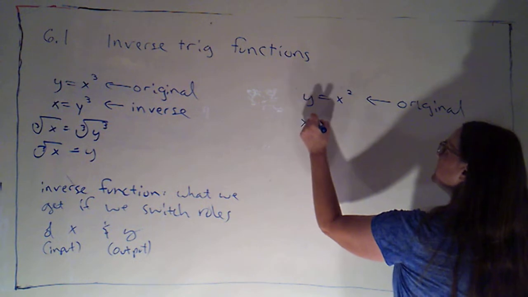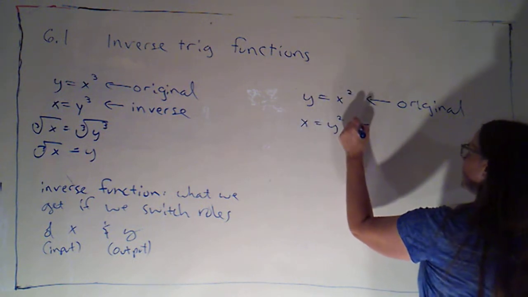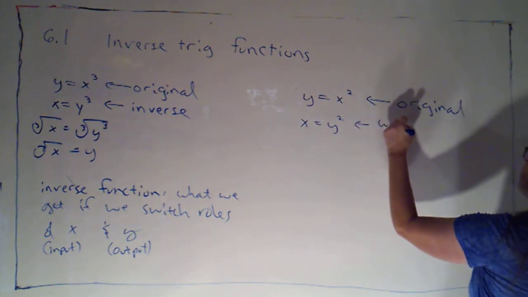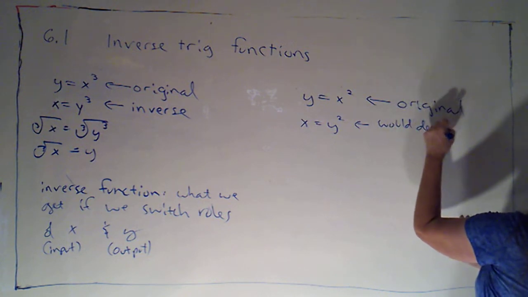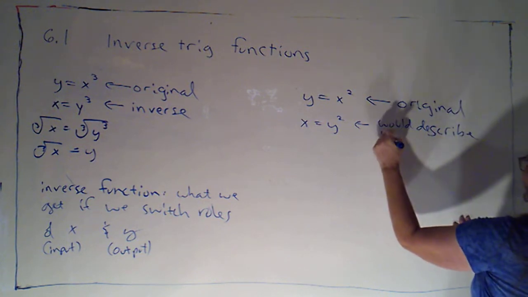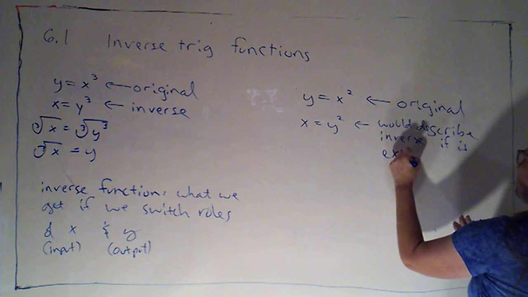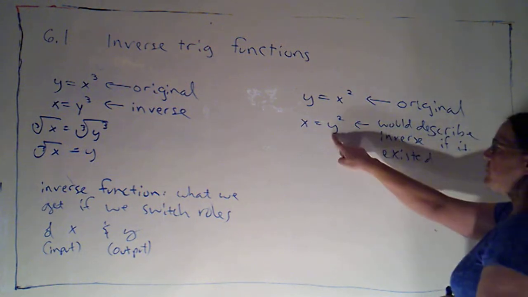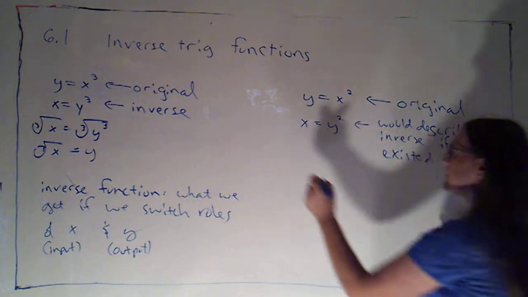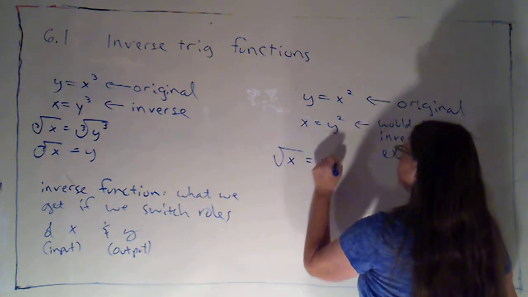But if I were to switch the roles of x and y, this would describe the inverse if it exists. So I would try to simplify and solve for y, so I would try to take the square root of both sides.